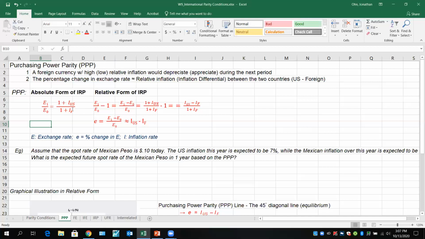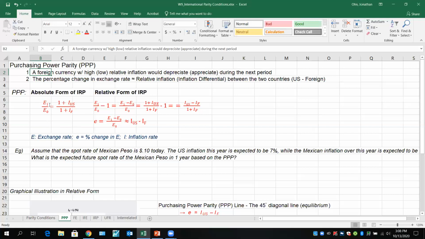If the inflation in that foreign country is low, then this one would be higher, so in the next period it would appreciate. That is the first story, summarized in this absolute form model.